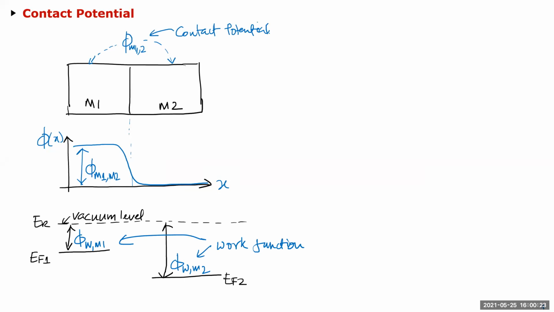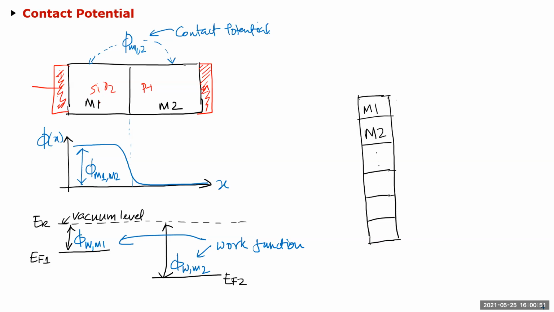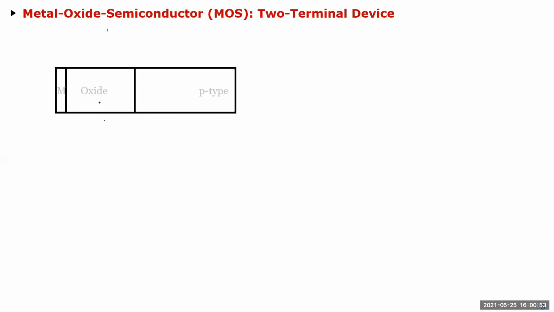So let's say this was SiO2, and this was P plus, and I wanted to measure the contact potential. I put a probe here and a probe here. But the moment I do that, this is metal, and they're at the same Fermi potential, so I will not measure anything, right? That's the reason for calling it contact potential.